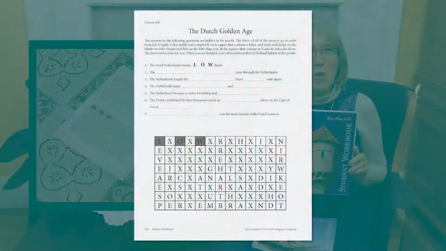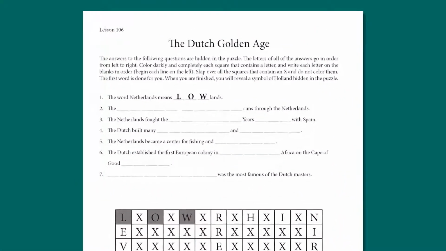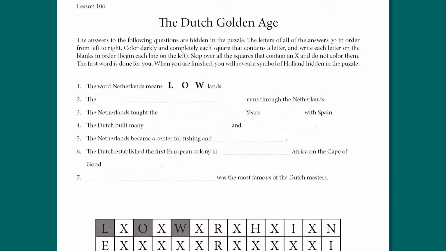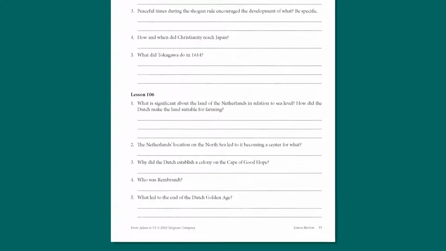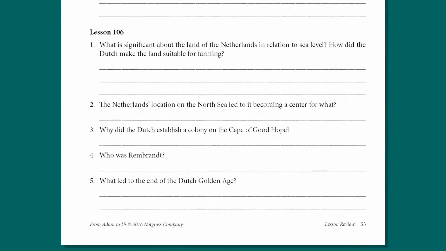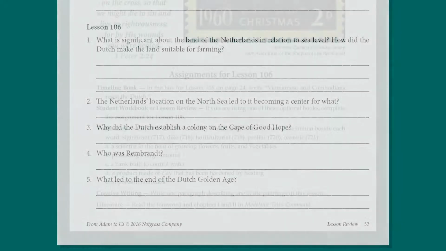The student workbook has 1 worksheet for each lesson. These include secret codes, drawing ideas, crosswords, matching, and other assignments. The lesson review book has 5 short answer questions for each lesson that you can discuss with your child or have her answer in writing.